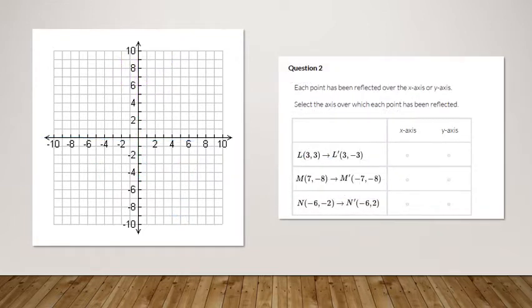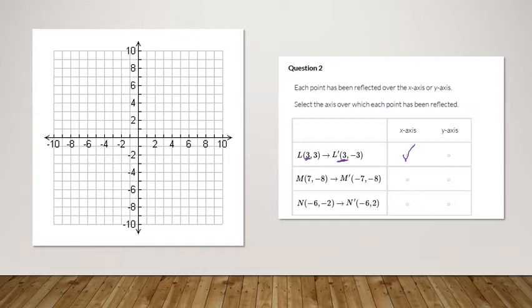Okay, now we don't need our graph on this one. You could continue to use it if you like, but all I'm going to do is look and see which value stayed the same. And on this one, on L and L prime, the x value stayed the same, so I know it flipped over the x-axis. Okay, I'll look at my second question.